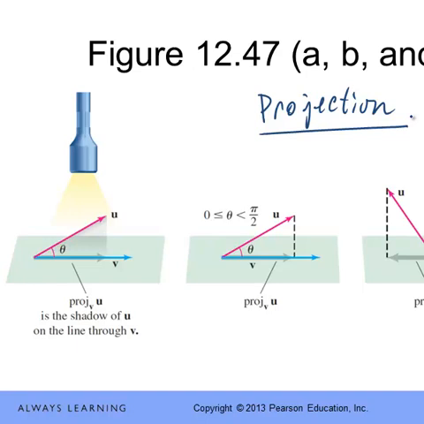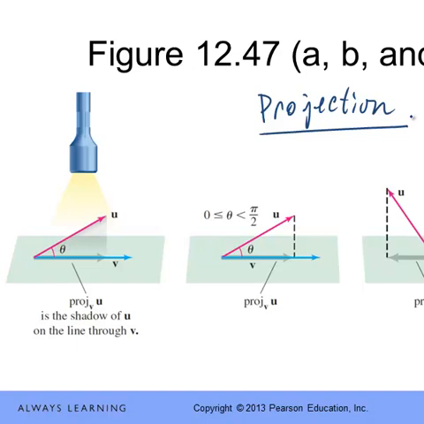From time to time, it's going to be important for us to find a vector that is parallel with one vector, but it's the projection of a different vector onto the one vector.